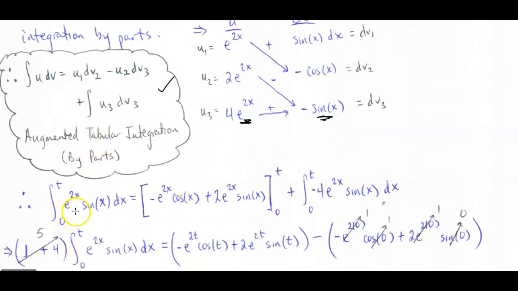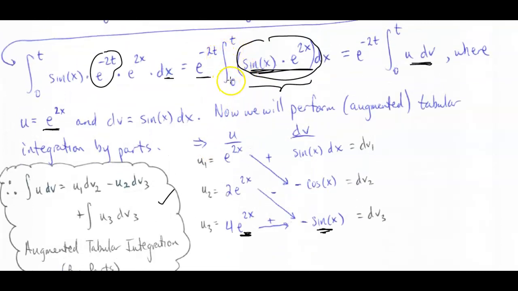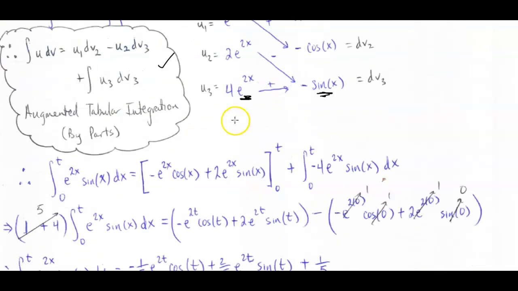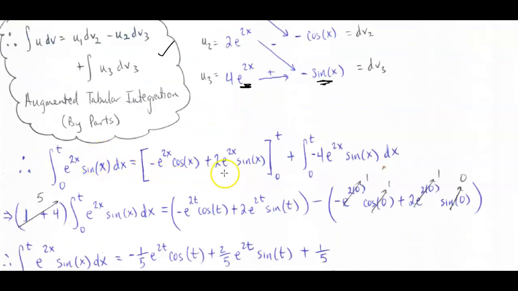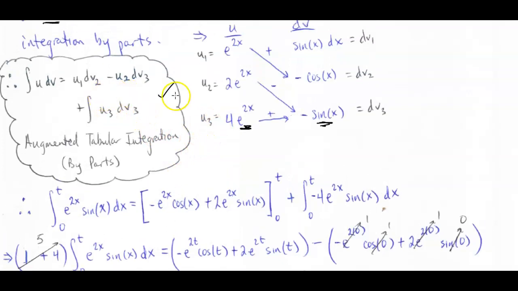So we know that the integral that we're trying to find, which is the integral from 0 to t of sine x times e raised to 2x dx, ignoring this part right now, is just going to be whatever this tabular integration tells me. So the first 2 terms, diagonally across, is what this is. Second 2 here.